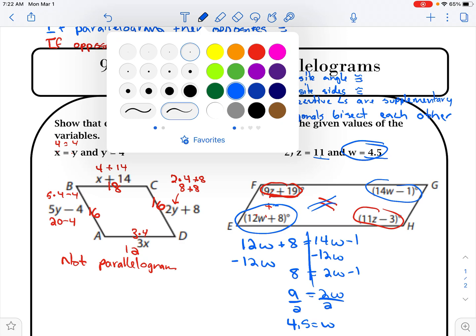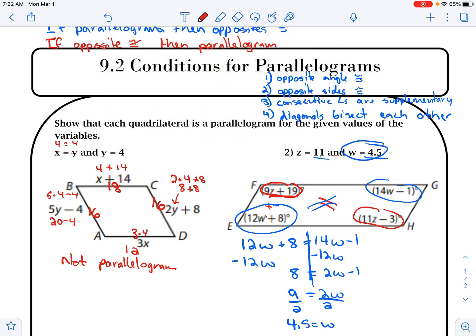Now we want to check the z's and see if that works. So we'd say 9z plus 19 equals 11z minus 3. So we subtract the 9z, and we get 2z plus 19 equals negative 3. Oh, I did it on the wrong side.